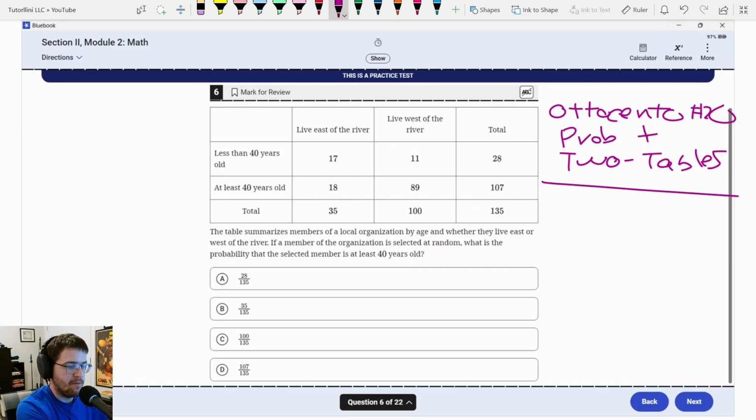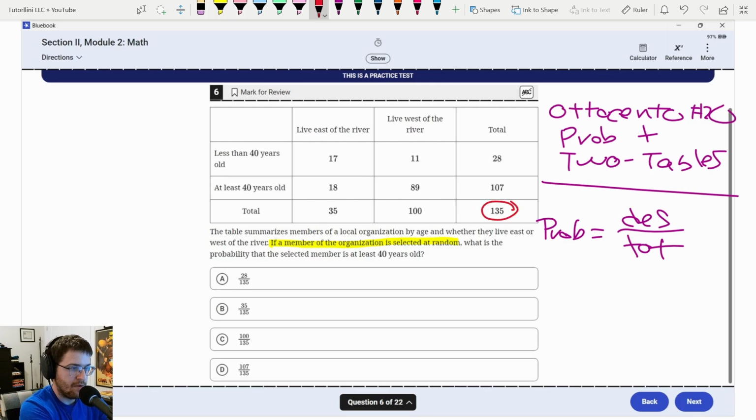All right, so probability is desired over total. This question says, this is a key phrase I go over in the video, if a member is selected at random. Okay, so everyone in the table are members. So the total is going to be the grand total, which is in the bottom right of the table, which is 135. So I already know the denominator is going to be 135.